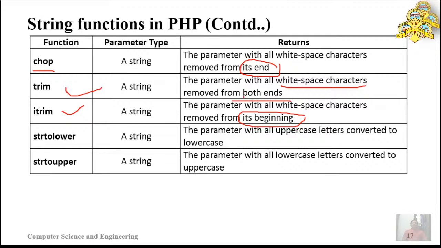That means from the beginning and at the end, all the white space characters are removed. strtolower returns the uppercase characters converted into lowercase, and strtoupper returns the lowercase characters converted into uppercase.